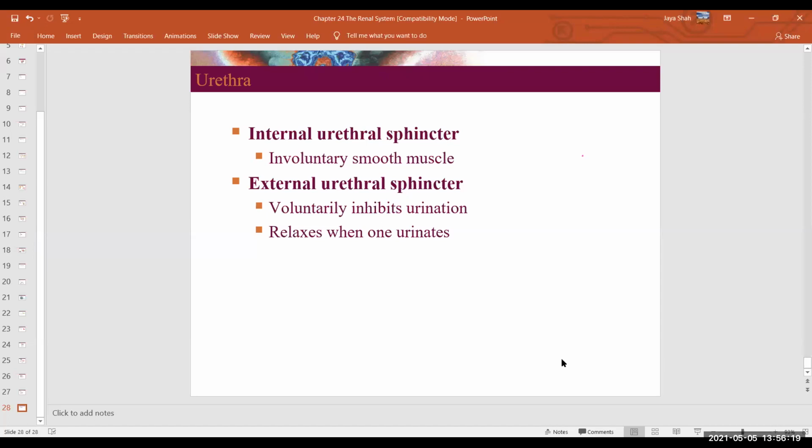The filtering unit is the glomerulus, and the reabsorption unit is the tubules, which are in the cortex, and the loop is in the medulla. And the loop joins the tubules, which join the collecting duct, which opens in the medulla, and then you carry urine from the medullary region to the sinus, then to the pelvis, and then to the ureter.